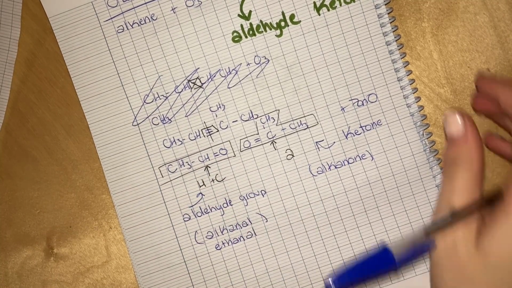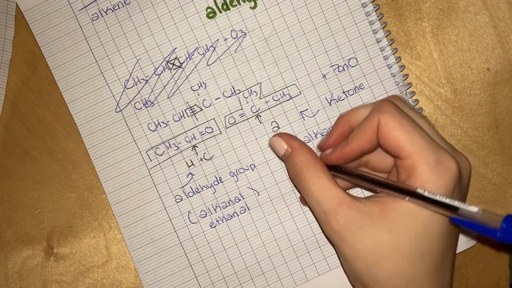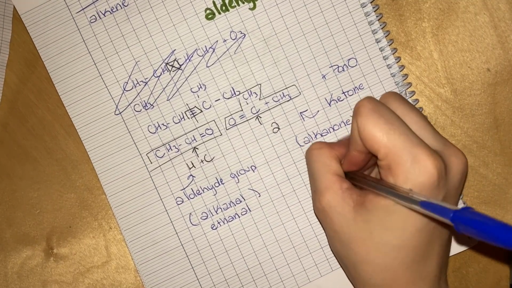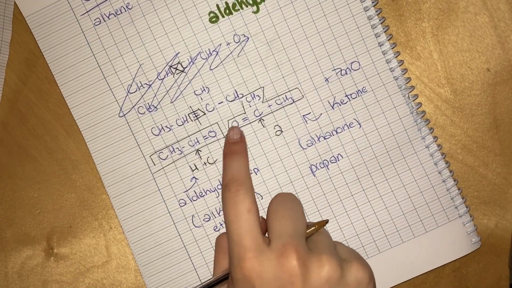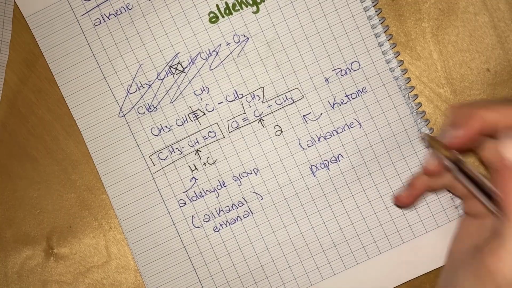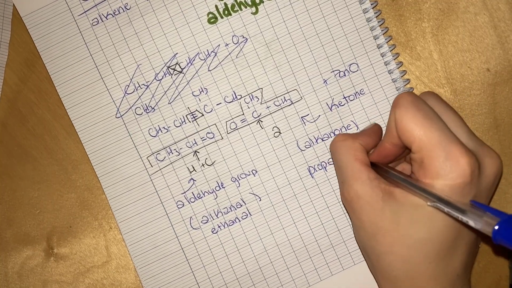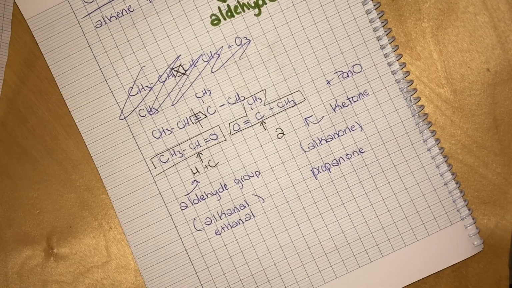It's an aldehyde group. Now this side, there's 1, 2, 3 carbons, which would make it propan something. And you can see here that the O is not bonded to an extremity. It's bonded to something in the middle, which makes it propanone. That's kind of all you need to know about ozonolysis.